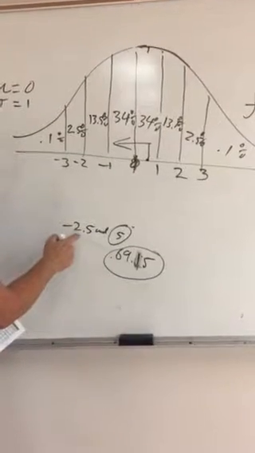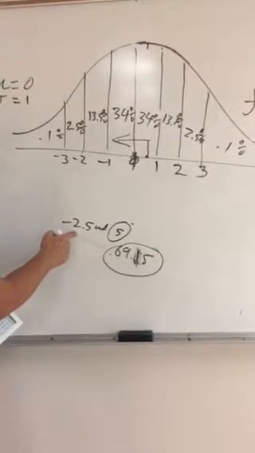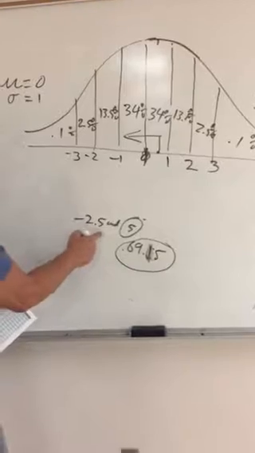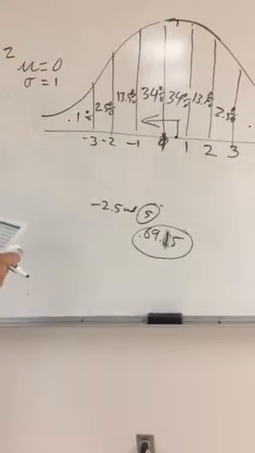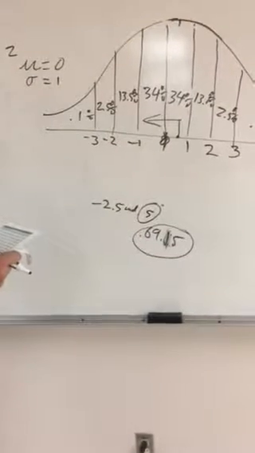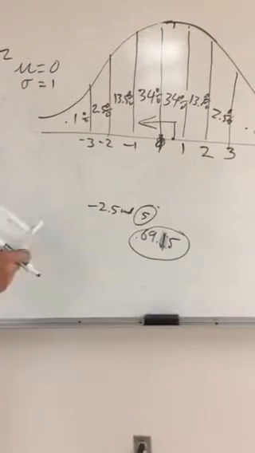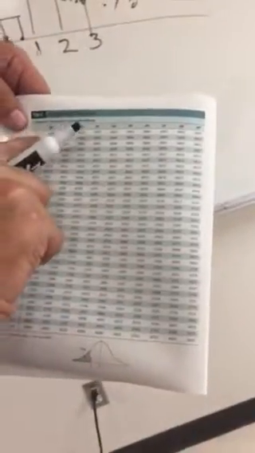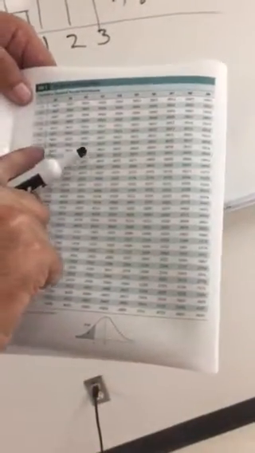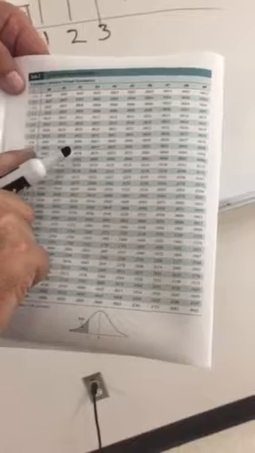But now I've got to find out the area left of negative 2.5. So now I have to go and look that up. For negative 2.5, I can look at this chart right here, it's table E, and now I've got negative numbers of Z, and I ask for 2.5. I come down here and I found it.